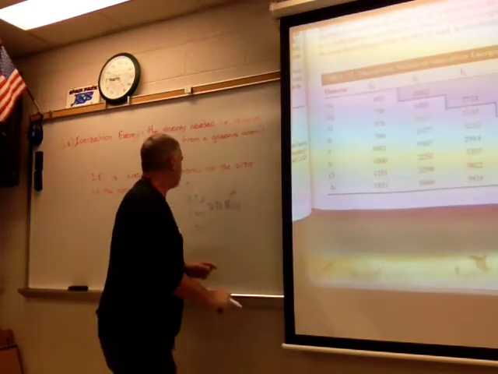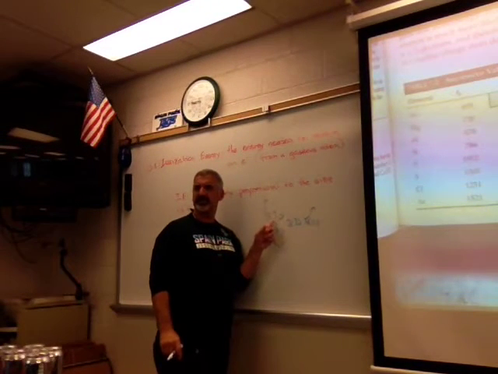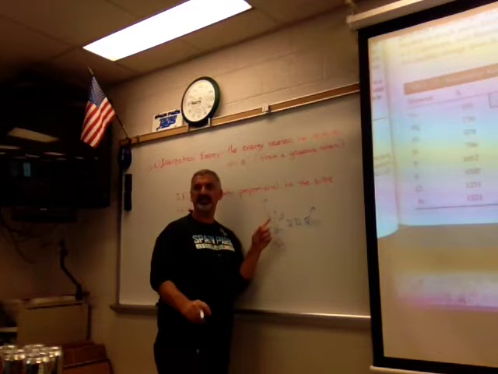Okay? And by the way, we call these electrons that are out here in the outermost energy level, did we already talk about this? Do we know the name of that electron in the outermost? It's a valence electron.